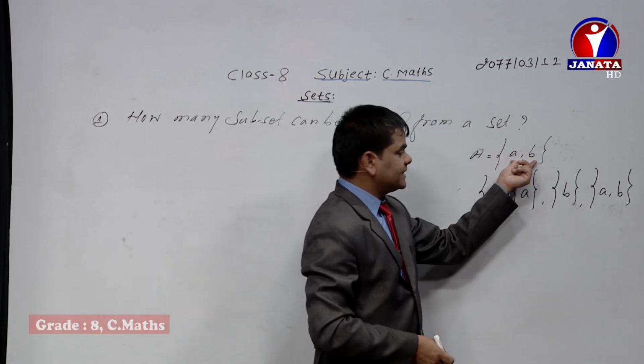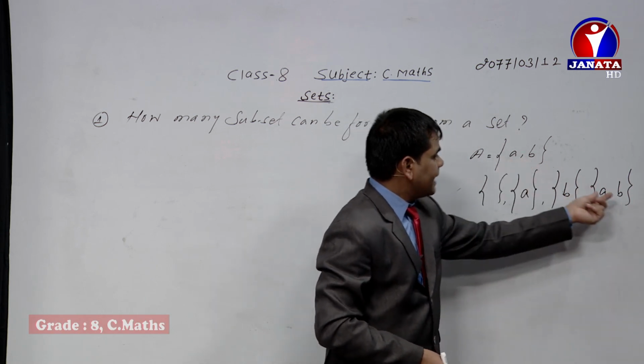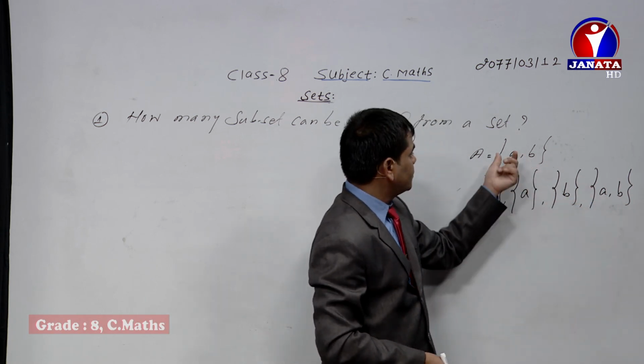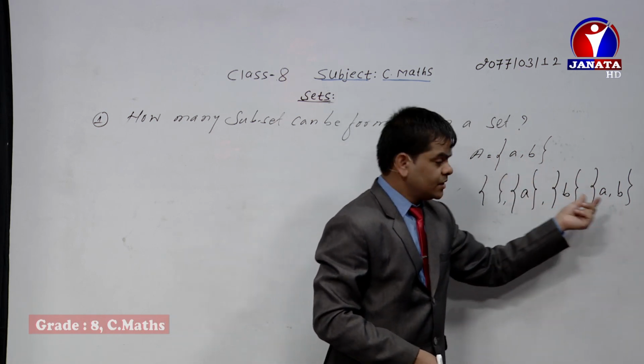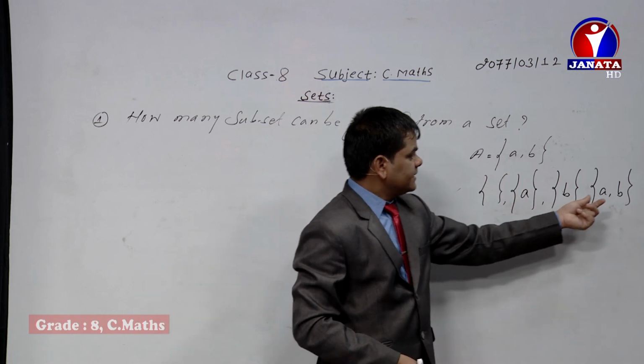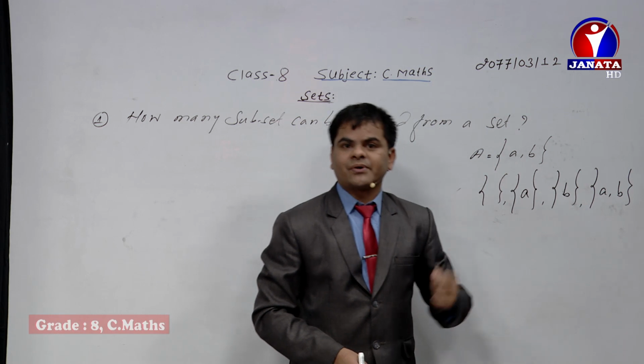So if you see this set and this subset, both have the same elements and both have an equal number of elements. Here are 2 elements, here are also 2 elements. So in such cases, that type of subset is known as improper subset. So here is one improper subset.